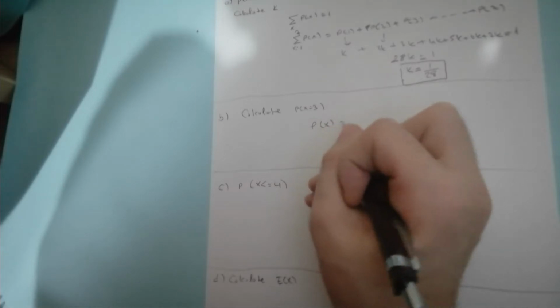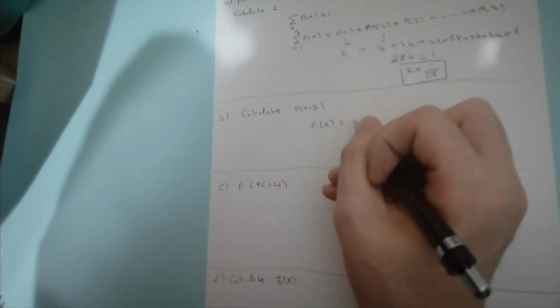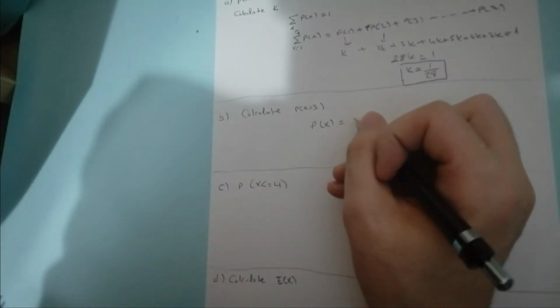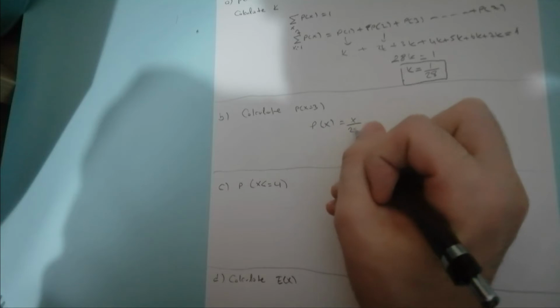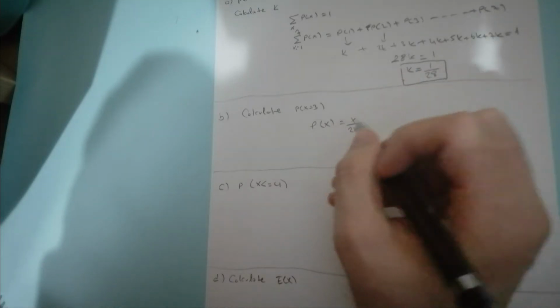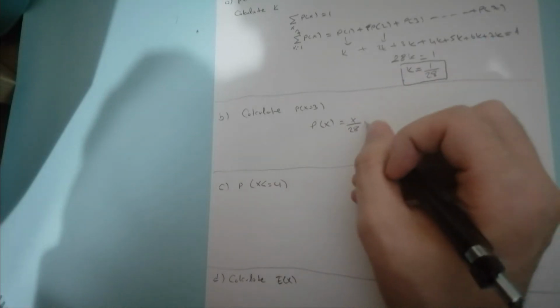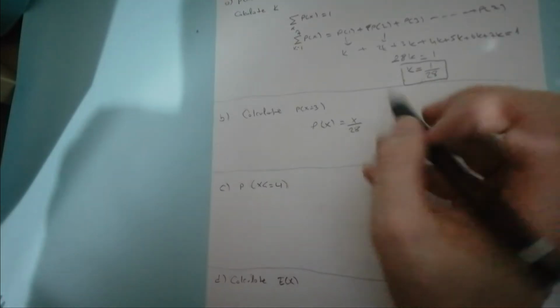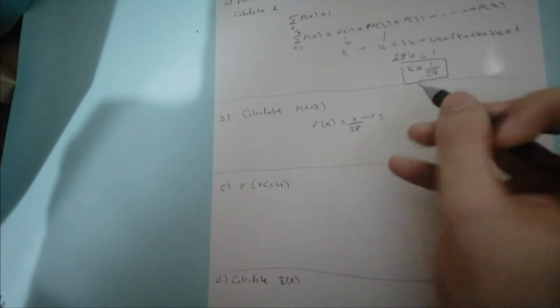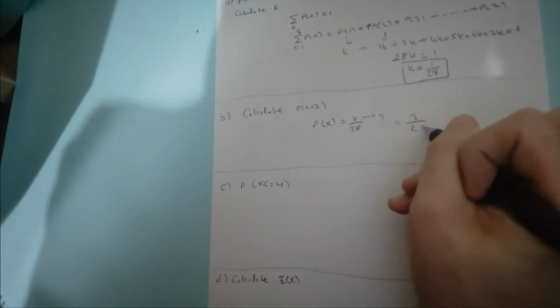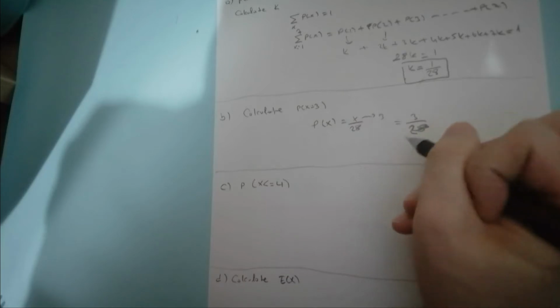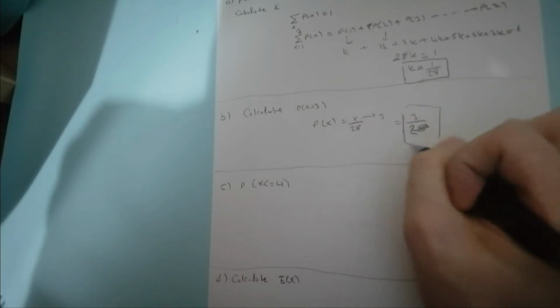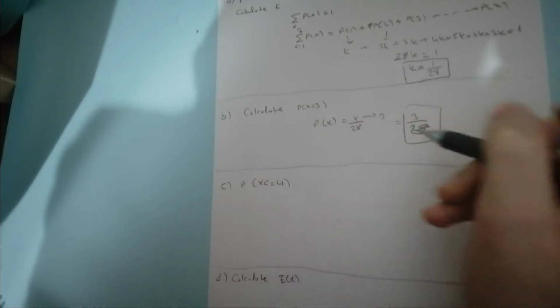You know p of x is x over 28, because the k value is 1 over 28, and it is 3, and the answer is 3 over 28.